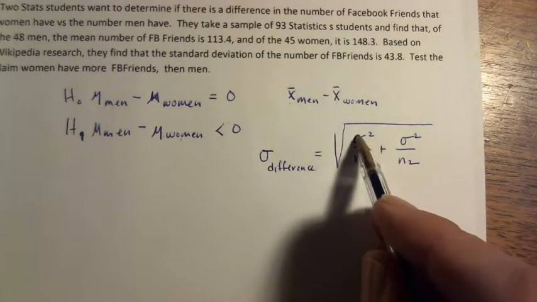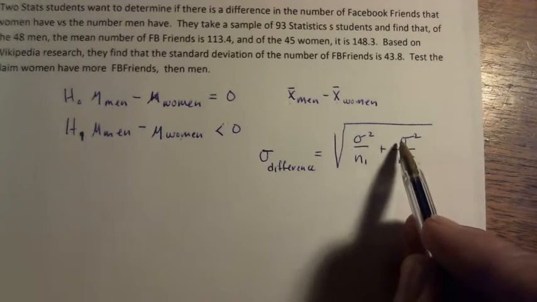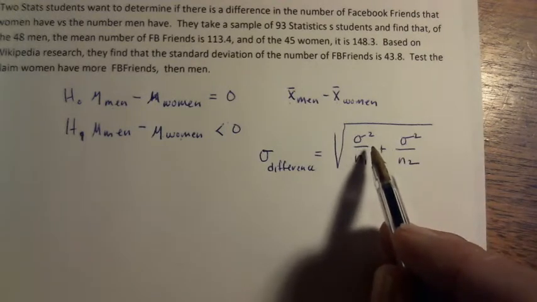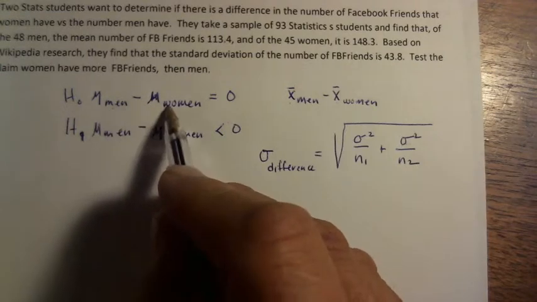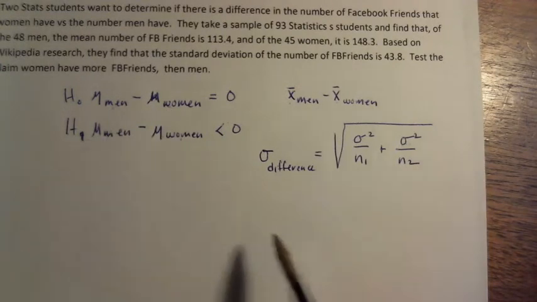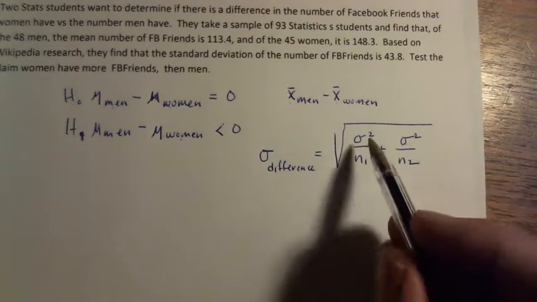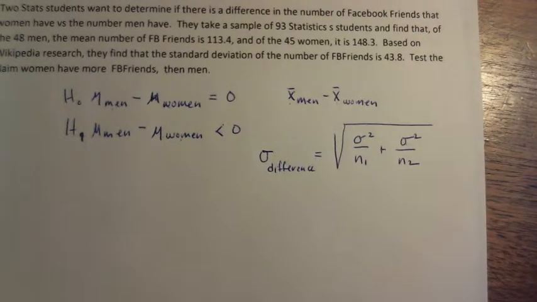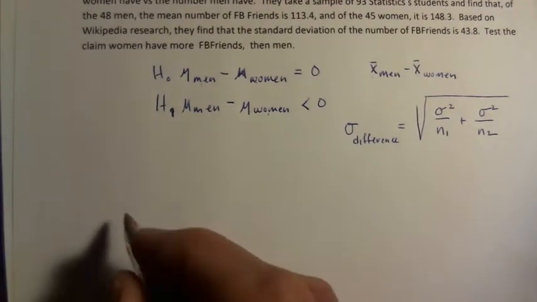So these standard deviations are the standard deviations of the population of men and women. And once again, remember, we're going under the assumption that the distribution for men is the same as for women. So we can use this standard deviation twice, once for men and once for women. So that tells us that our test statistic, our z-score, is going to be this.